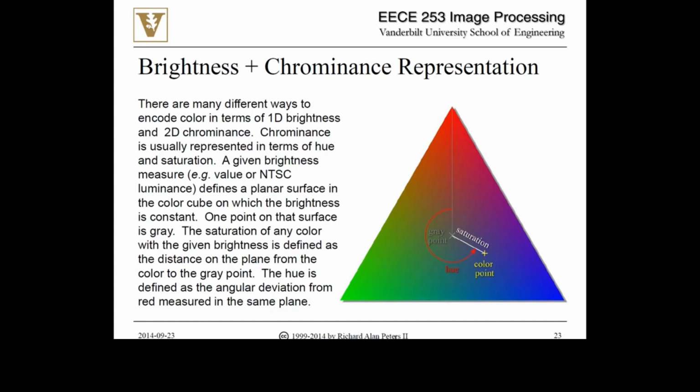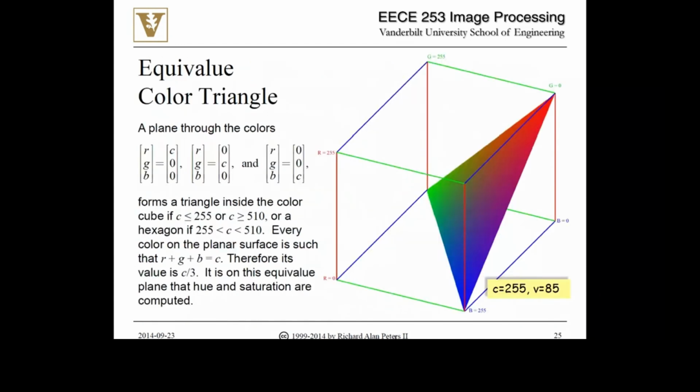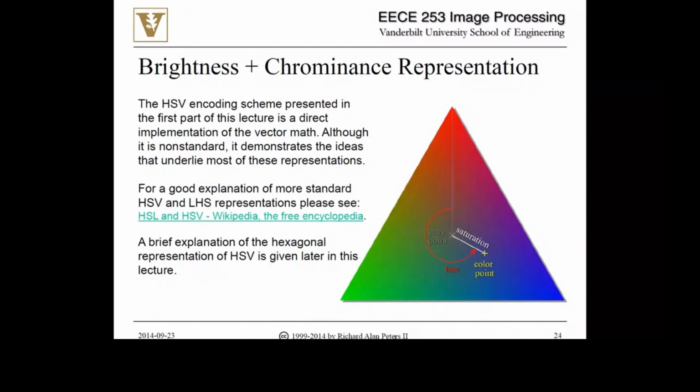Hue in Spanish is tono. ¿Cuál es el tono del color? ¿No? Okay, so let's see where this triangle comes from and how to define all these things. And again, this is not the only representation. There are many that make this composition of luminance, hue and saturation.